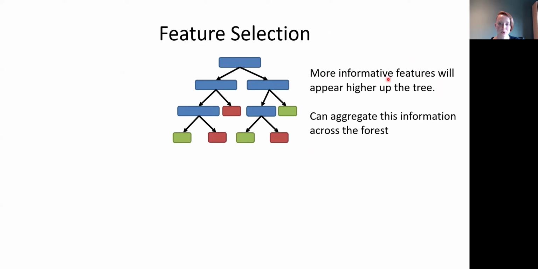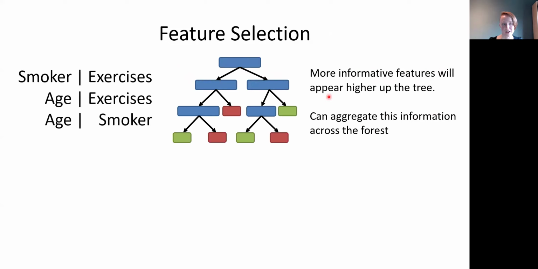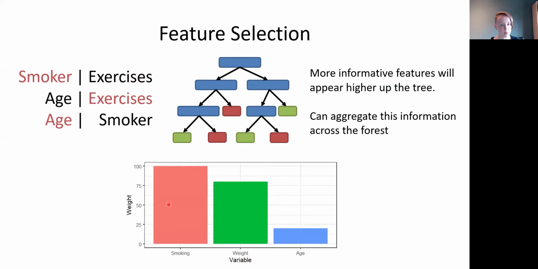On the whole, more informative predictors will appear higher up our trees because at each point we're trying to split our data so that it has the lowest impurity. And we can aggregate this information across our whole forest and pull out which ones generally appear higher up and therefore are likely more informative for predicting whether or not we are high or low risk in this case.